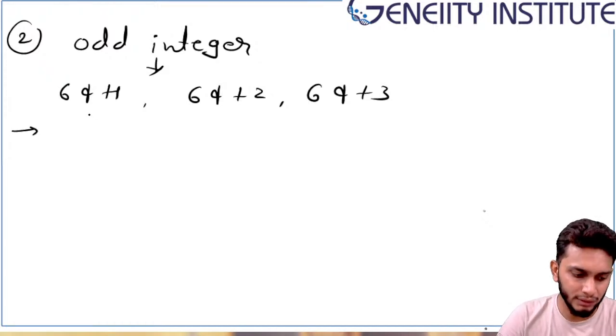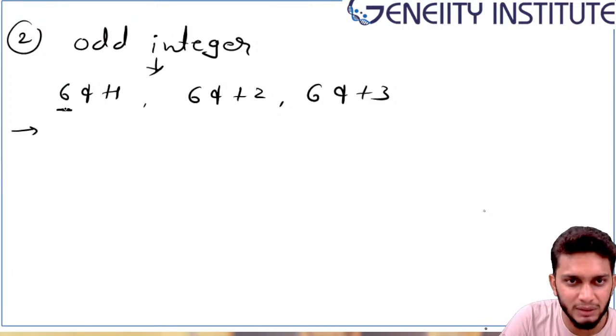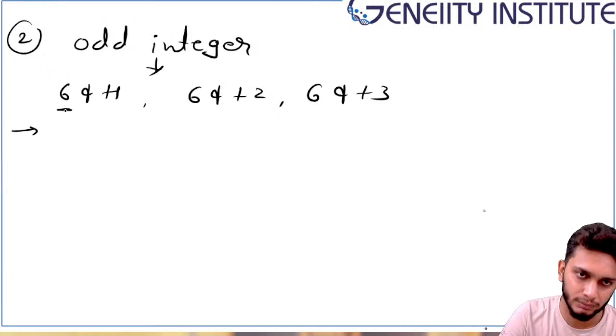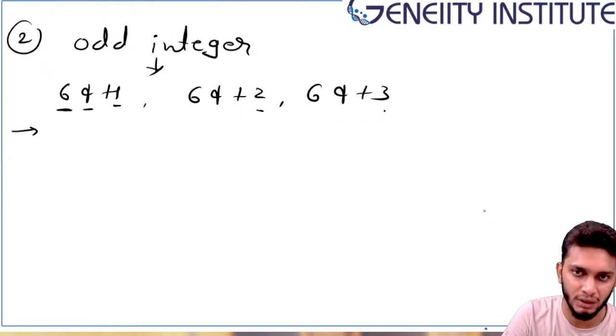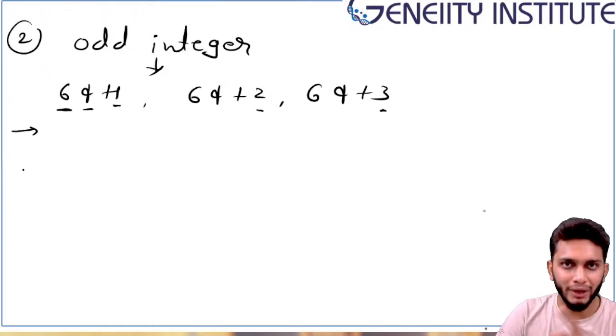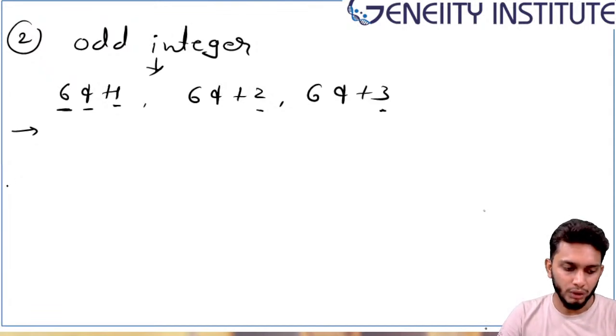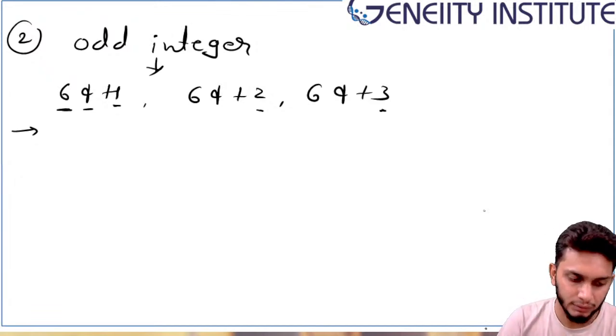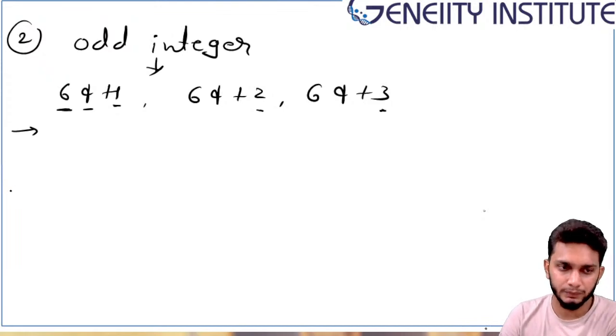So you can say that at this time the number is divided by 6 because 6 is the divisor, q is the quotient, and 1, 2 and 3 are remainders.